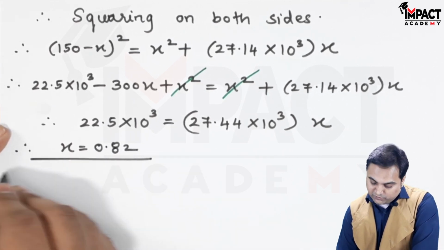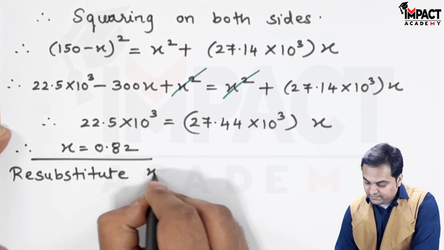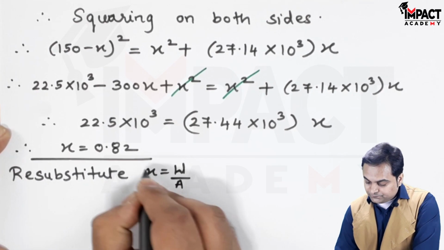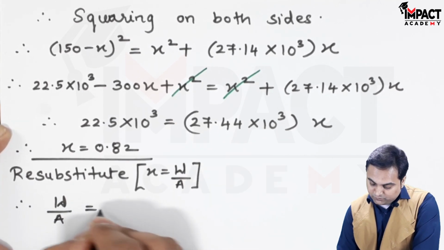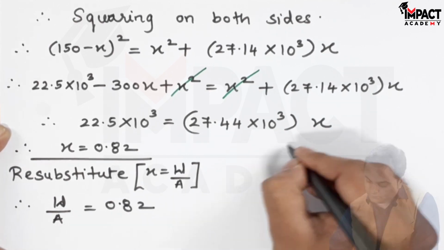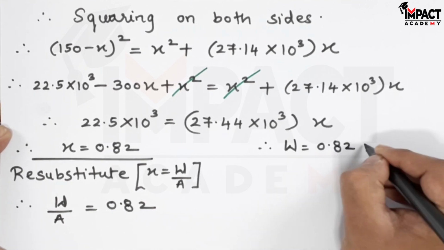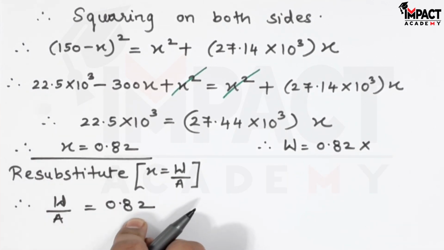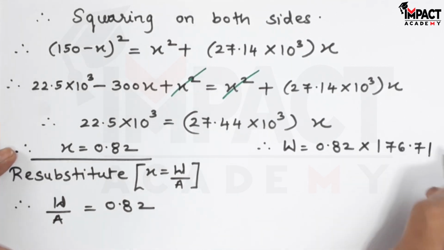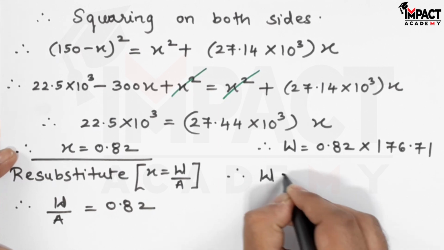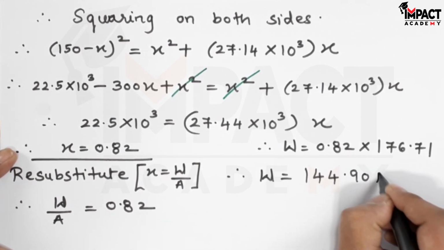After getting x value, I'll resubstitute x is equal to W upon A. So therefore W upon A is equal to 0.82, and therefore W will become 0.82 into area, and area we had calculated, it was 176.71, and the final answer of W comes out to be 144.90 Newton.